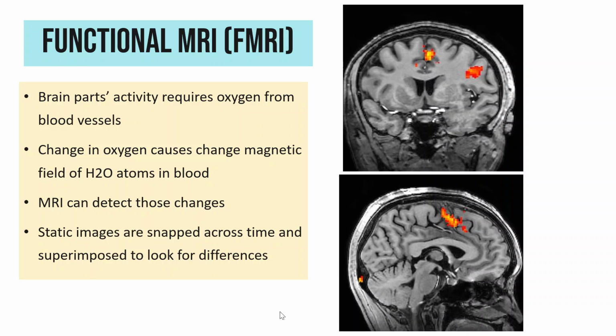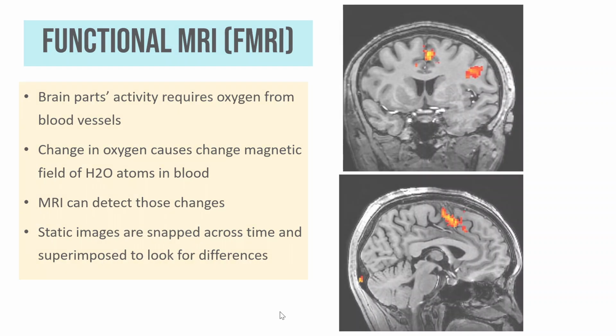When the brain uses energy, it requires oxygen, and that oxygen leads to a change in the density of water and the hydrogen atoms, and those differences in concentration can be detected. MRI detects those changes, and static images are snapped. Basically, a bunch of images are taken at different times, and they are superimposed on each other to see the difference between before and after.